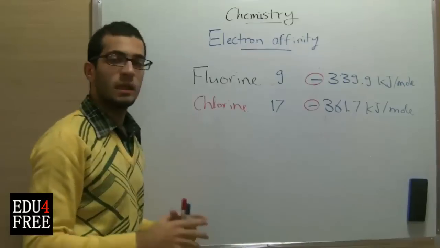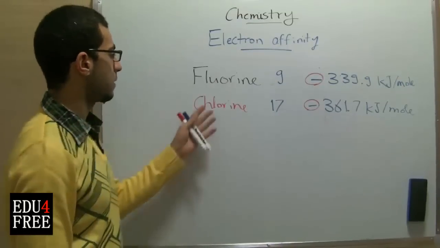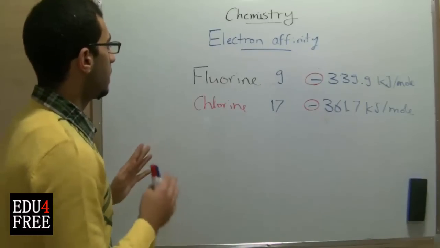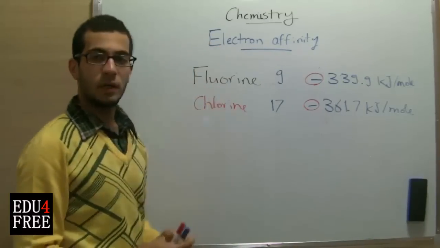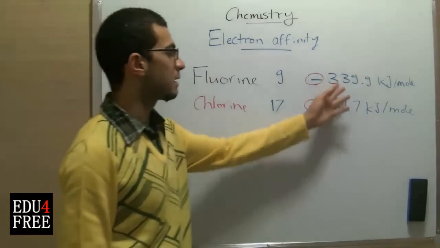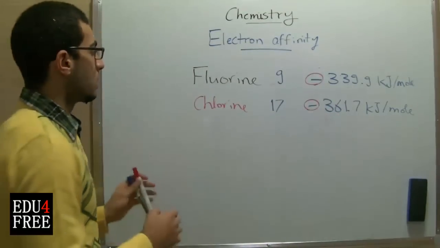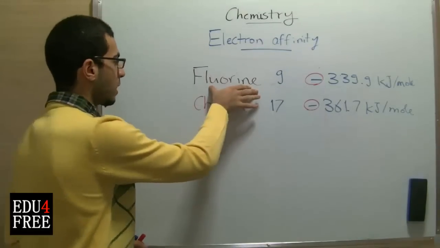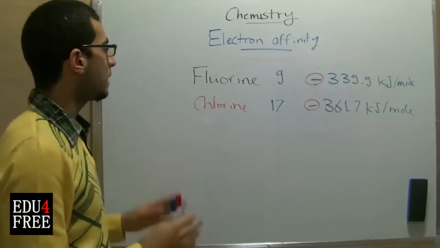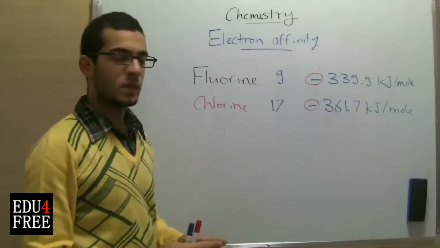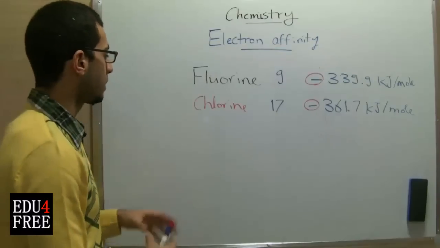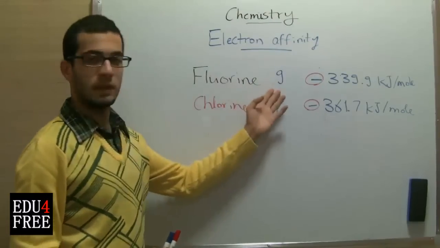So fluorine contains 9 electrons and chlorine contains 17. This means that the number of energy levels in chlorine is higher than in fluorine, and accordingly the electron affinity of fluorine should be higher than that of chlorine, but in fact it's less than chlorine's. So this is a special case because the size of the fluorine atom is very small, and it contains already 9 electrons. So the number of 9 electrons is relatively high for the actual space allowed for these electrons.